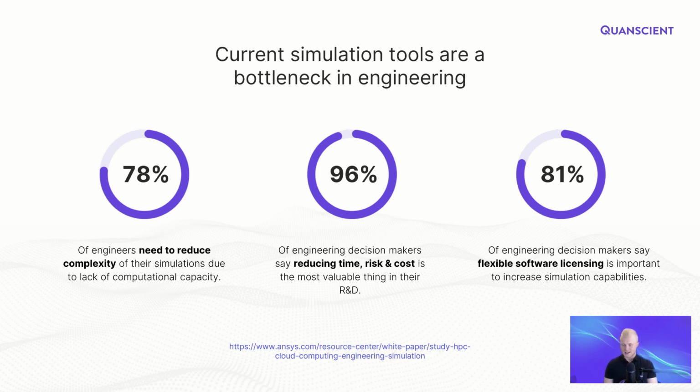As said, these three points are what Quanscient was built to fix. And how do we solve these?